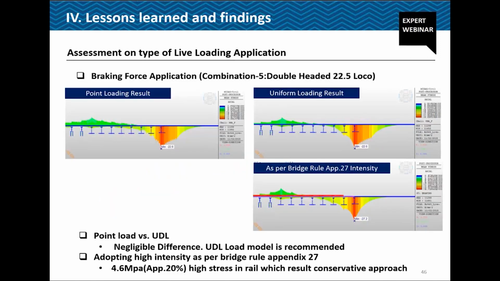And this is a point loading case as per the actual train configuration, and this is a uniform loading case. I concluded the results are almost the same. And then this is another result as per the bridge rule, which is quite high intensity if we apply this whole loading, and I'm getting almost 4.6 MPa stress, somewhat on the higher side.